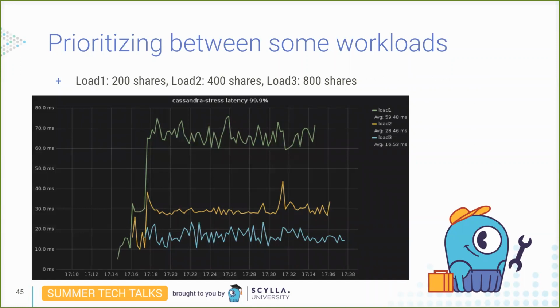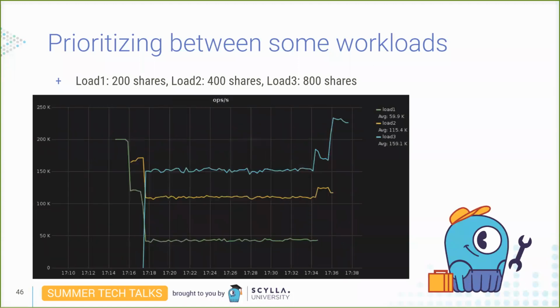This is a more general example. We have 3 workloads that we want to balance between. It can be seen that the client observed latency is lower as the shares number is higher relative to the other loads. So again, we cannot stress enough that shares are relative. And another thing is latency. Low latency is good, high throughput is good.